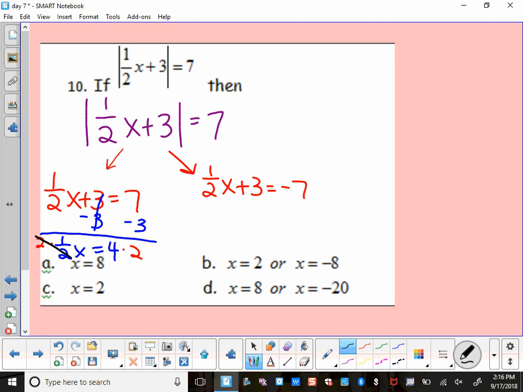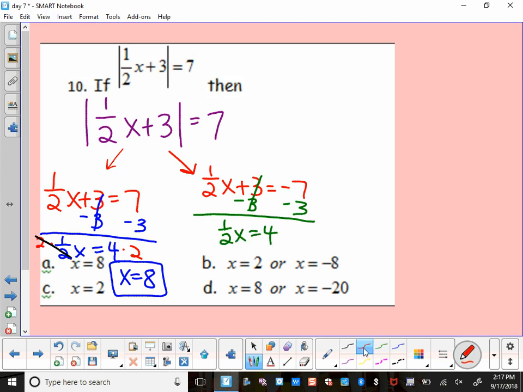The left side disappears, so x equals 8. That's one answer. On the other side, I minus 3.